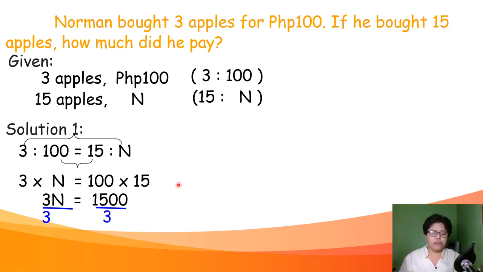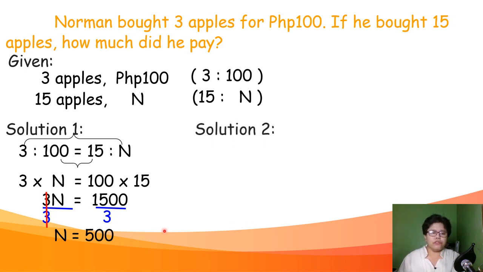Parang timbangan lang yun, ha? So, since 3 ang katabi ng n, divide natin with 3. And then, since nag-divide ka ng 3 dito, divide ka rin ng 3 dito. So, ngayon, cancel na natin yung 3 dyan. Diba? So, 1,500 divided by 3 is 500. Okay, so n therefore is equal to 500.